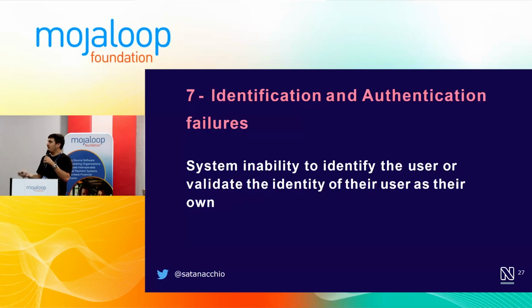All right, identification and authentication failure. This is most common when you have, for example, a login or you use third-party authorization libraries. It's the system's inability to identify the user or validate that the user is actually who they claim to be.